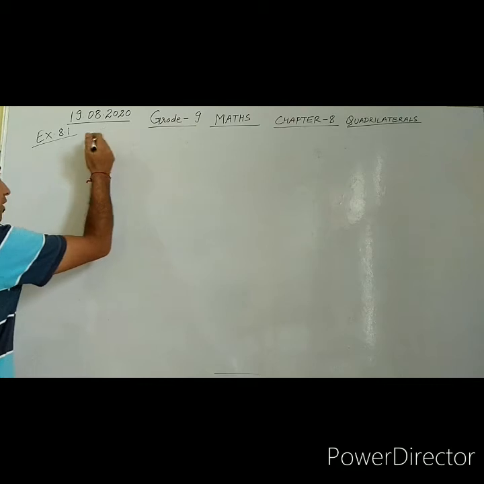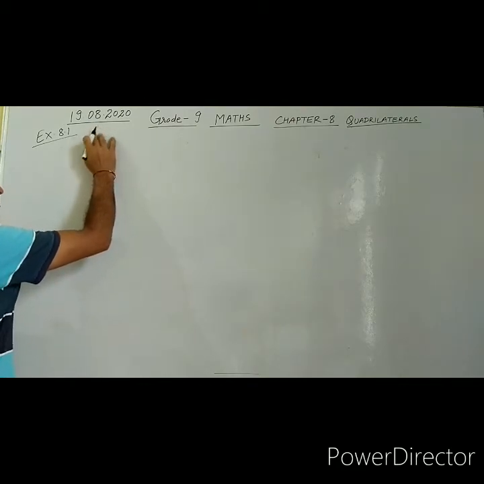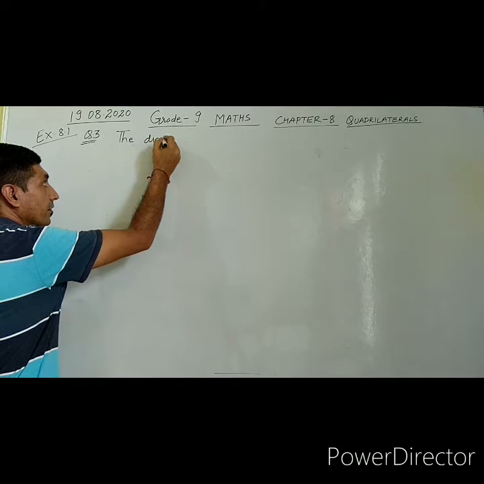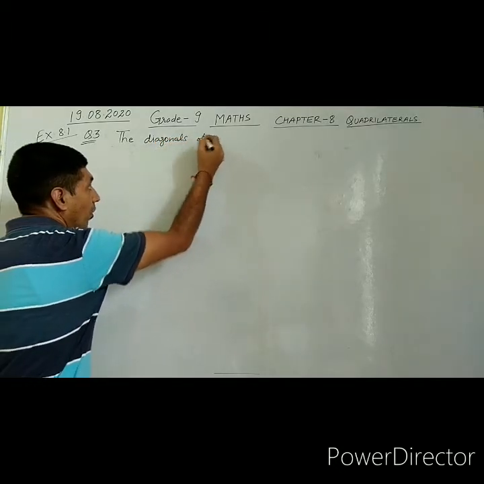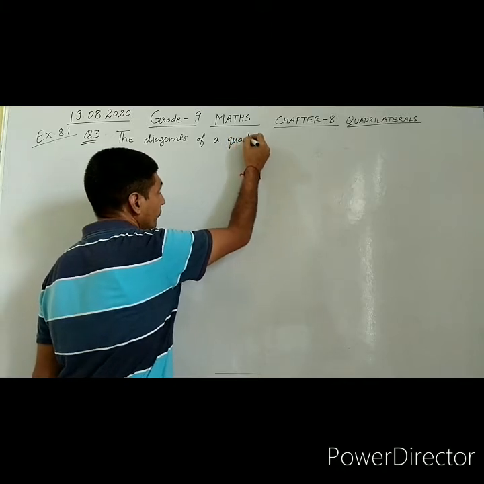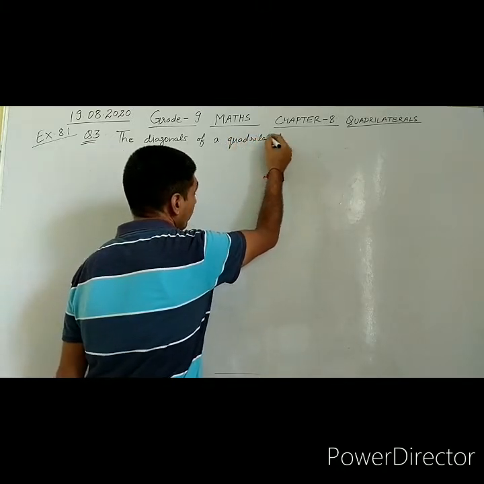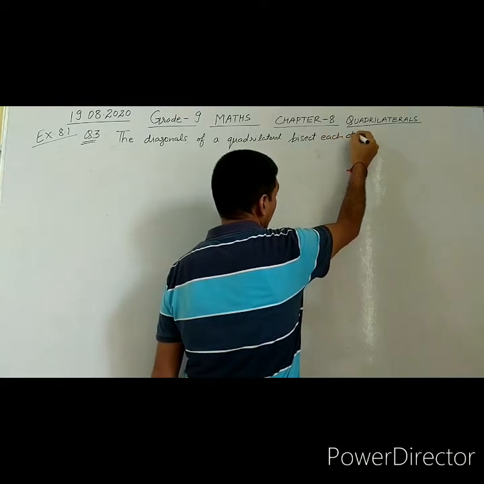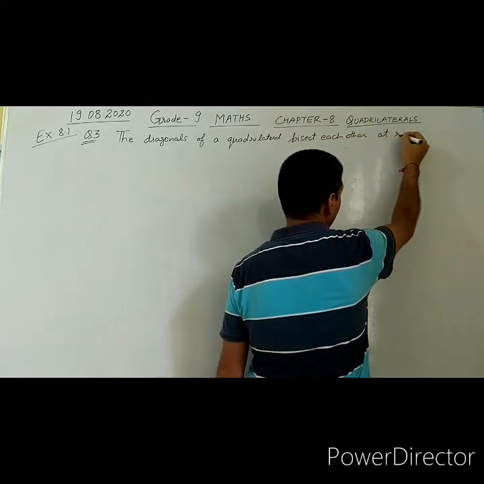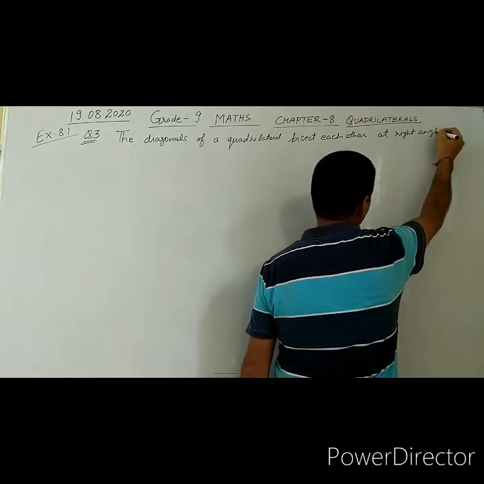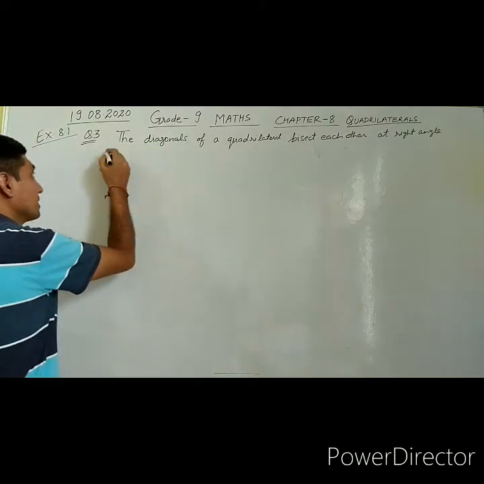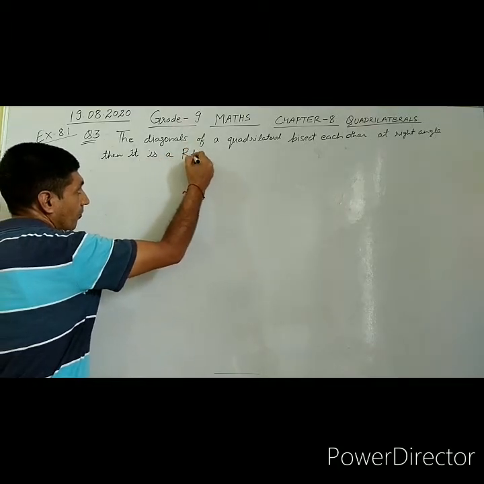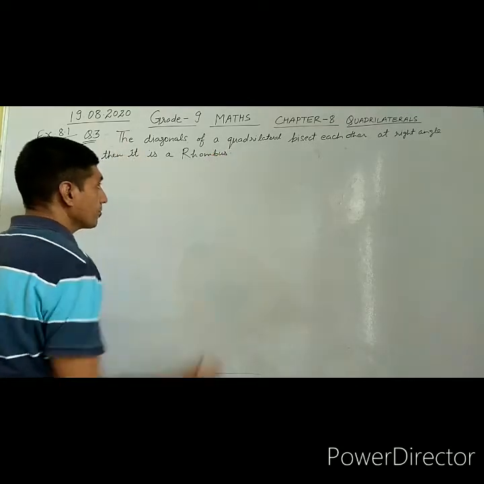If the diagonals of a quadrilateral bisect each other at right angles, then it is a rhombus. Right? So how to prove it?